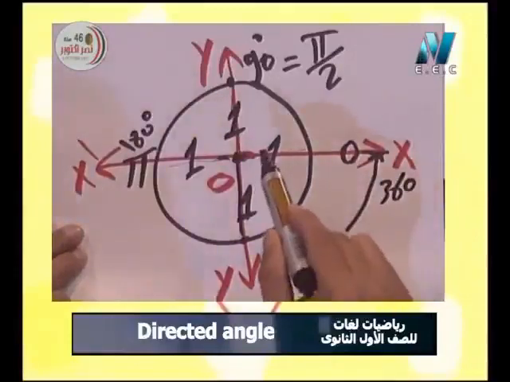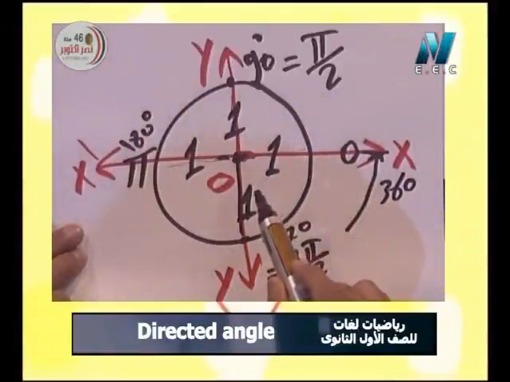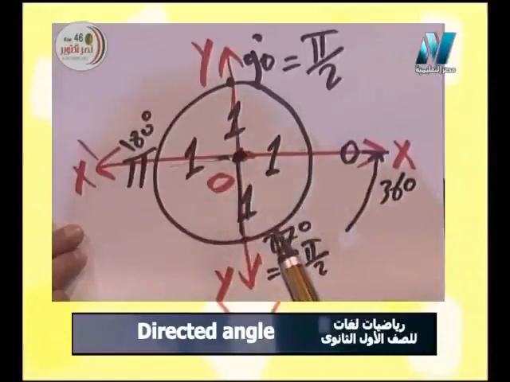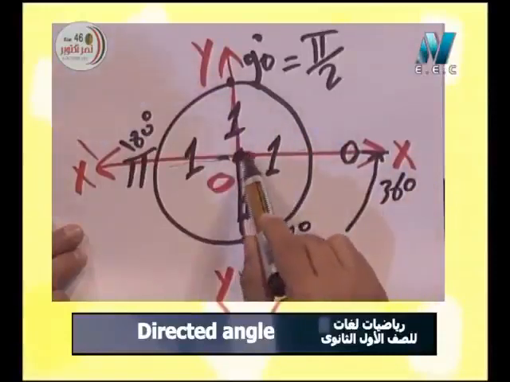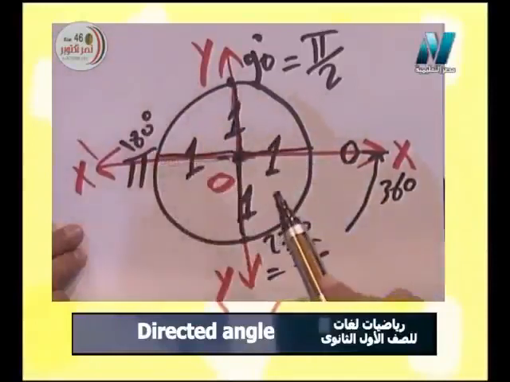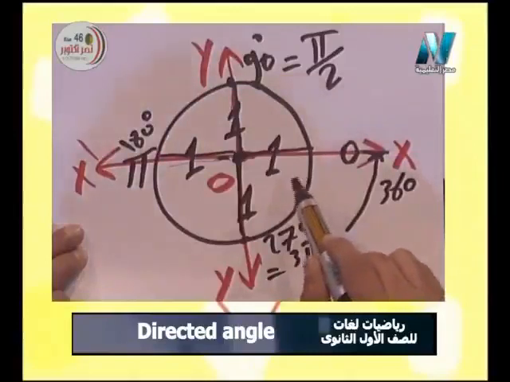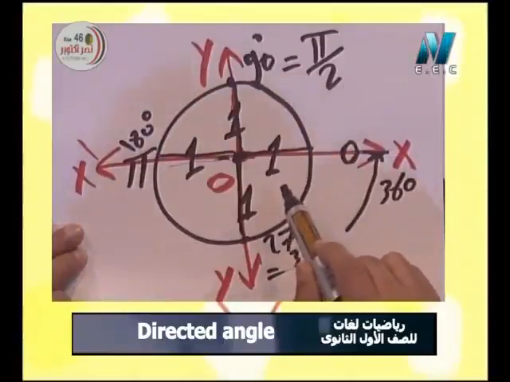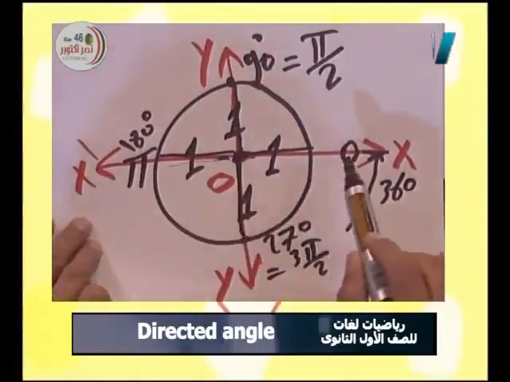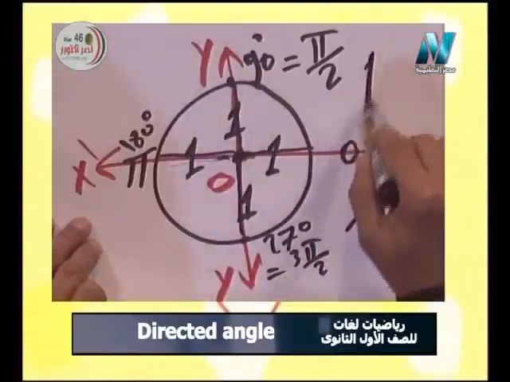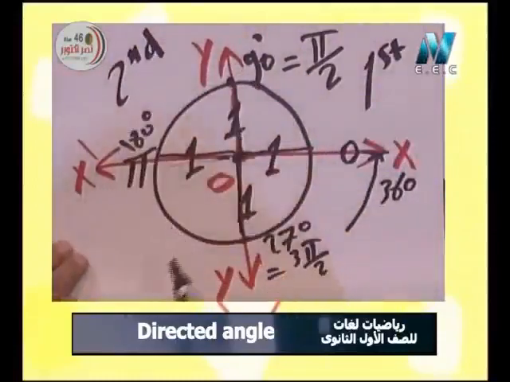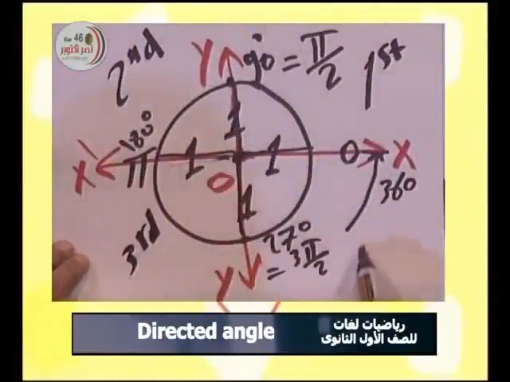So we have here the unit circle, which is very important for you to study. The origin point is the center of the circle, and each radius equals the unity, or 1 centimeter, 1 meter, 1 kilometer, the length unit. This is a unit circle. This is the first quadrant, second quadrant, third quadrant, fourth quadrant.